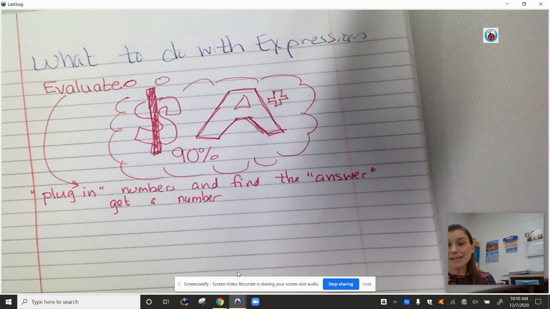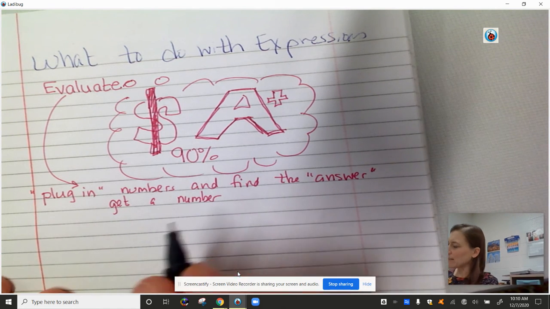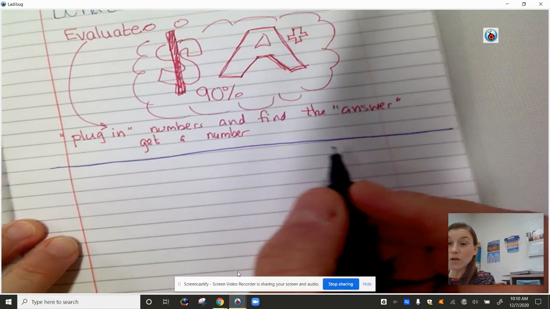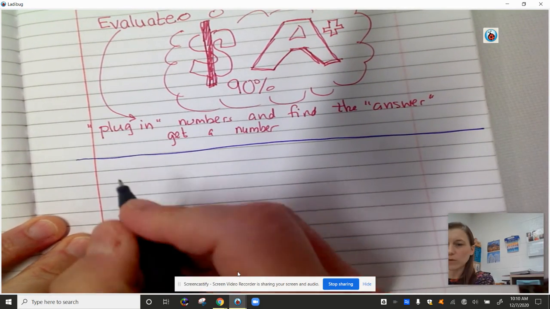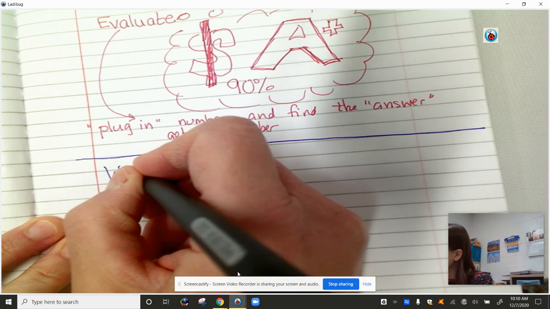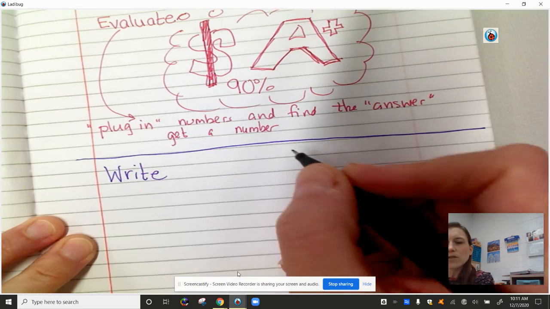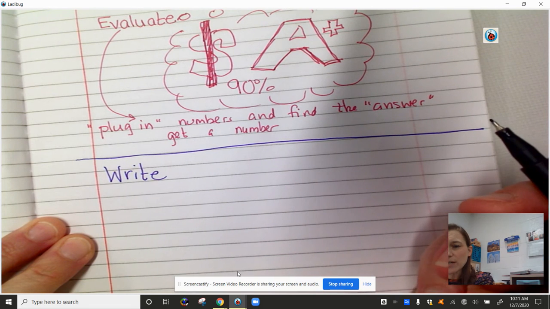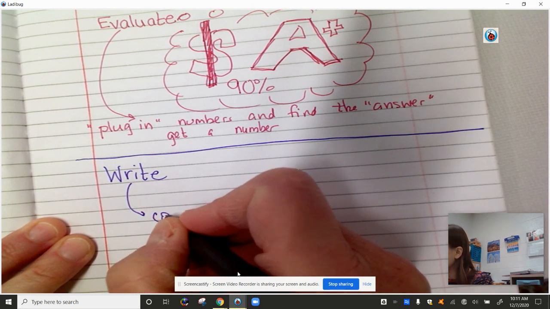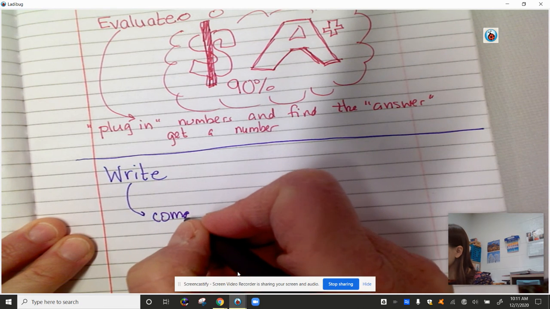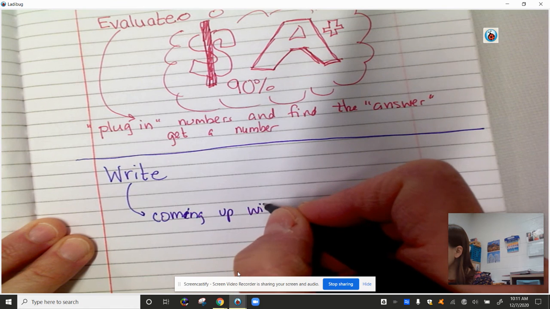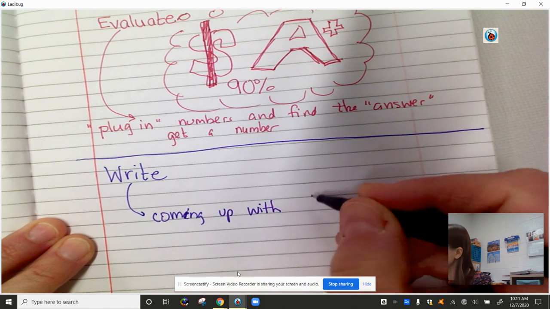And the next thing we did, and we did a little bit of this, we didn't get to do it too much, but we'll do more later, is write. You're going to have to write an expression. So writing an expression means that you are going to be coming up with the expression itself.